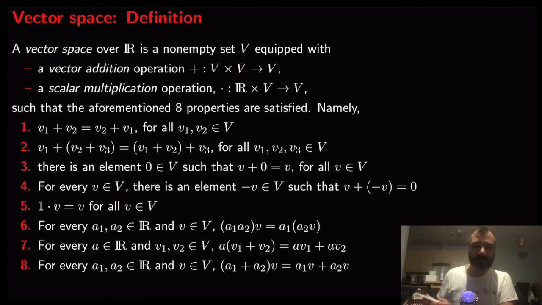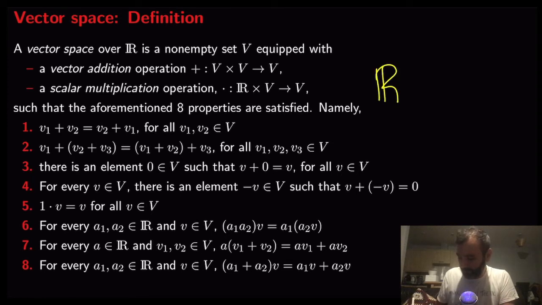For completeness, here are the properties. But really, I find it a little boring to go through these 8 properties because they are the things that addition and scalar multiplication satisfy when we study Rn. So think of Rn.